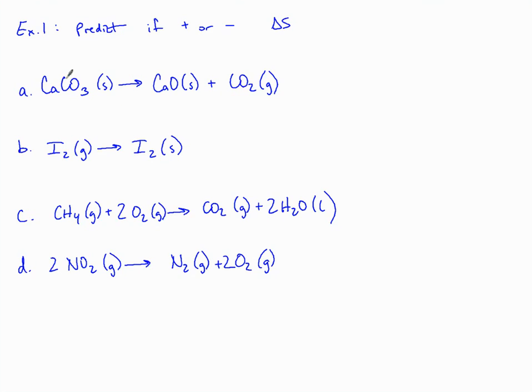So this has a pretty low entropy, and this has a pretty low entropy, but we also have a gas now in the products. Remember, gases have a greater entropy. So the delta S is positive, or greater than 0, because the reaction forms a gas.